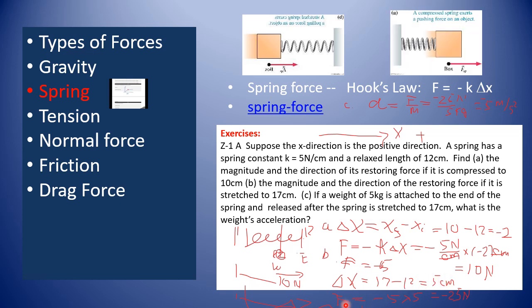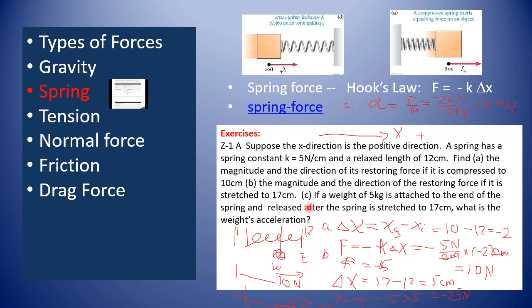Then it's -k, 5 times 5 centimeters, and that is -25 newtons. What does that mean? It goes negative, which means if you stretch it, the spring is going to go backwards. You stretch it to 17 and it goes backwards to its original position. So therefore, it is -25 newtons.